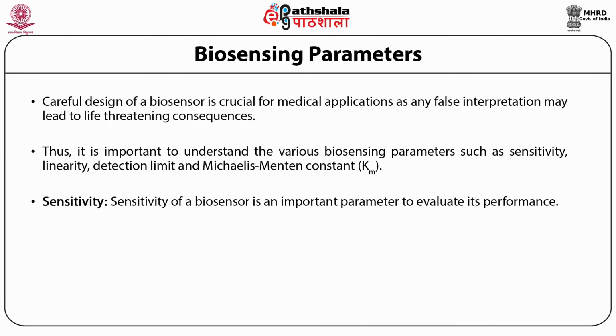Sensitivity of a biosensor is an important parameter to evaluate its performance. It is defined as the change in magnitude of the transduction signal in response to a change in analyte concentration.